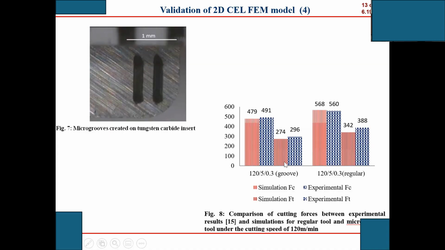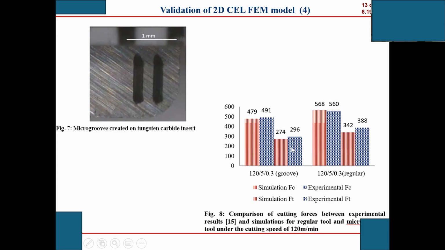And then we compare the cutting force between experimental results and the simulation for the regular tool. Regular tool means the tool before we get these microgrooves. And the microgroove tool, at the cutting speed of 120 meters per minute.